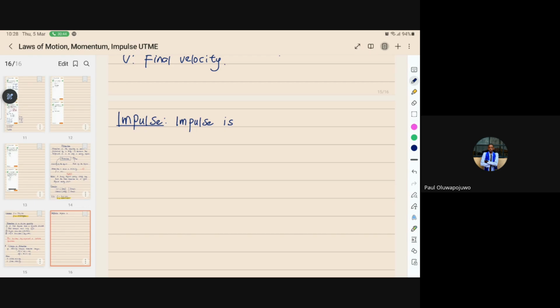Okay, so we have impulse. So impulse is the effect of a force acting over time. All right, so we've established that impulse is equal to force times time.